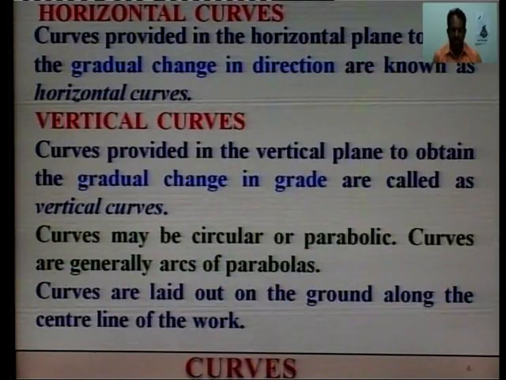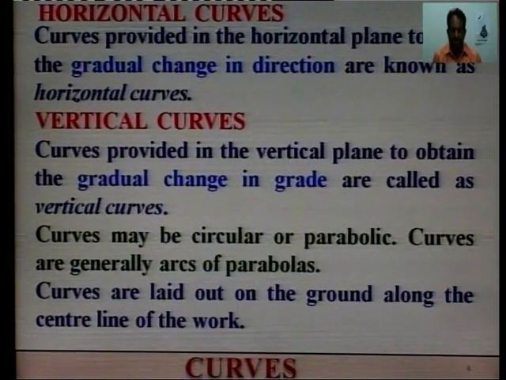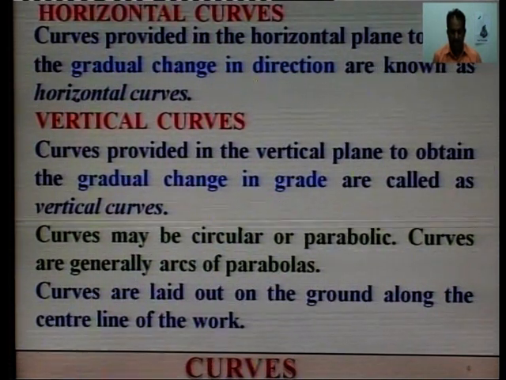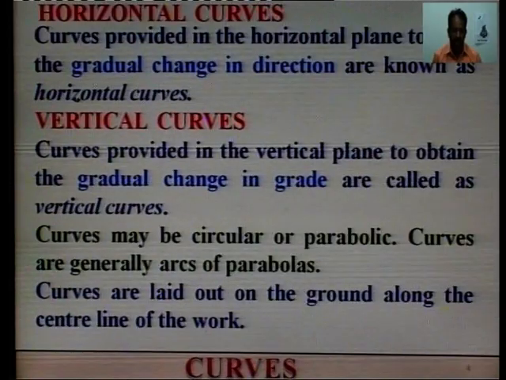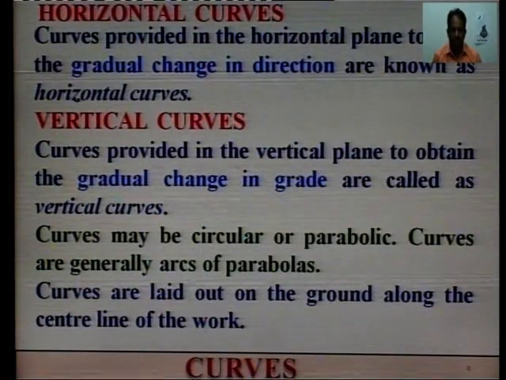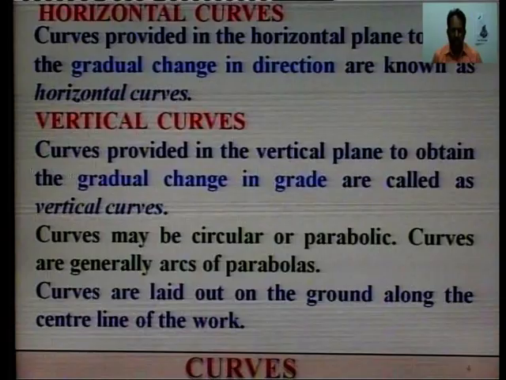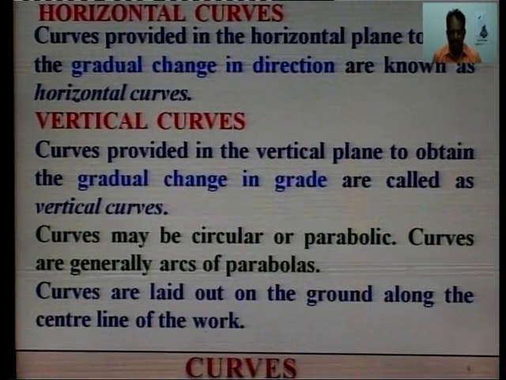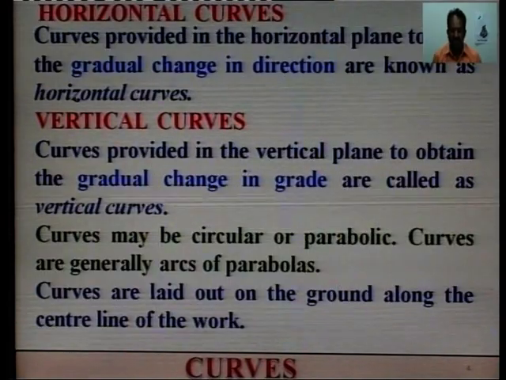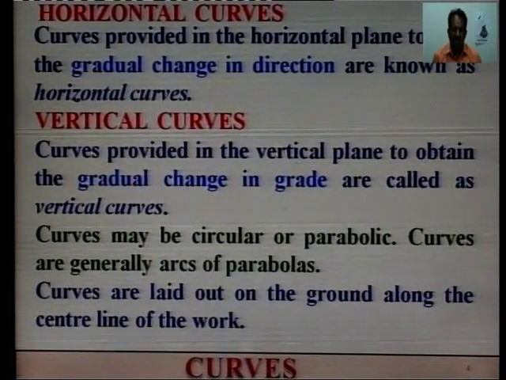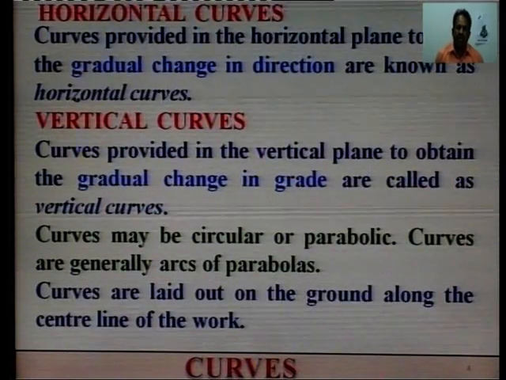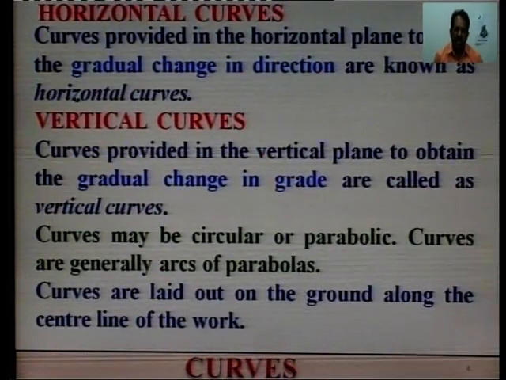Similarly, when curves are provided in the vertical plane to obtain a gradual change in grade, that is, a gradual change in gradient or slope, they are called vertical curves. So curves are basically of two types, horizontal and vertical.